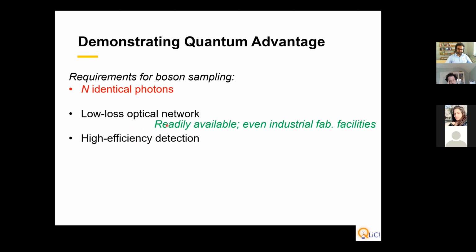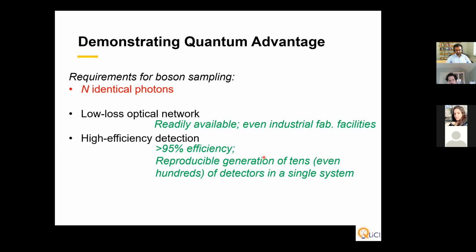Now, the nice thing about photonic foundries is also that low loss optical networks are available. The scale of the network is another question, that is, what is technologically feasible that can be made. But at least it's available, and we can do very low loss networks using industrial fabrication facilities. And efficient detection is also something that, for now, let's take for granted.